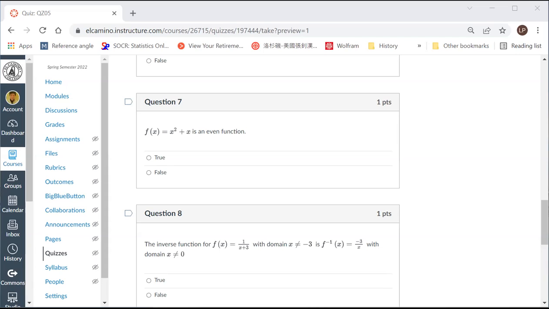Then this is not odd either. Okay, so the conclusion is that this function is neither even nor odd.